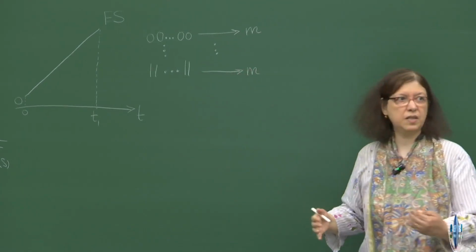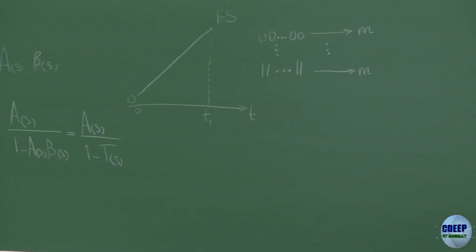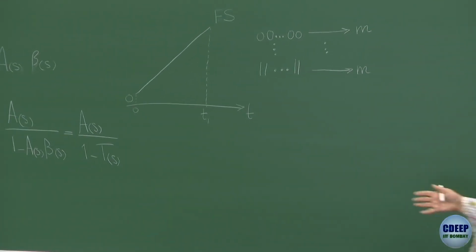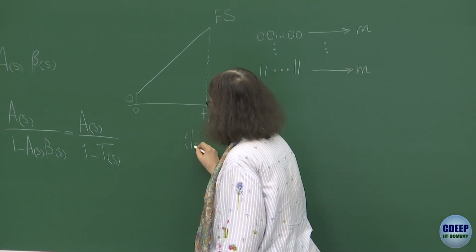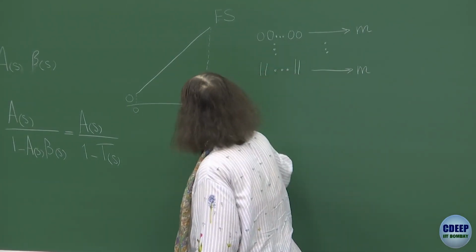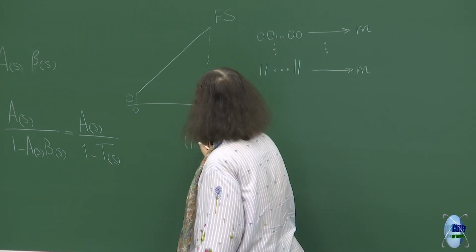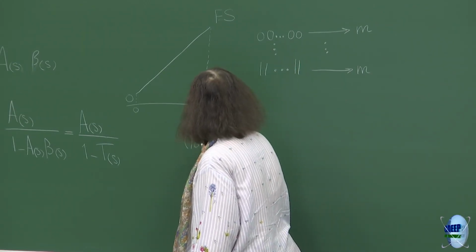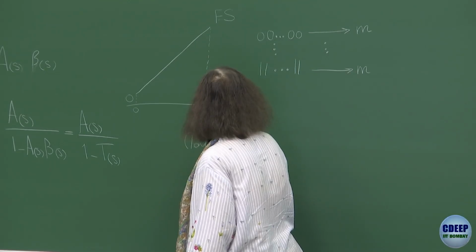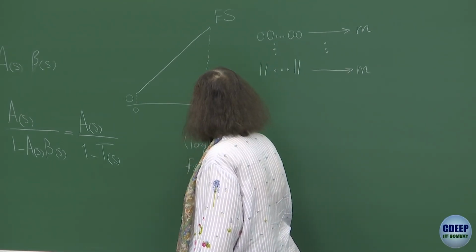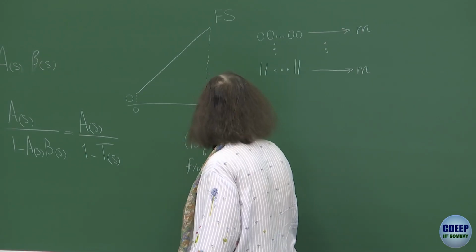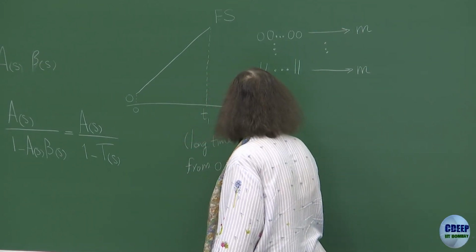Because the input signal is covering all values, and this time T1 is relatively a large value, right? So it's eventually a long time from 0 to full scale value.